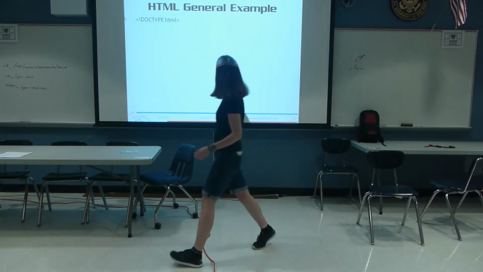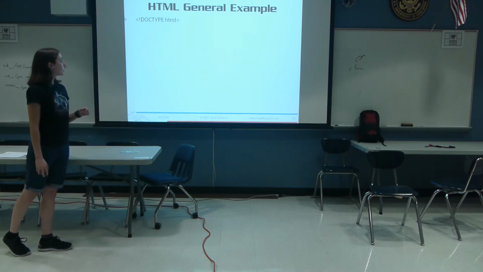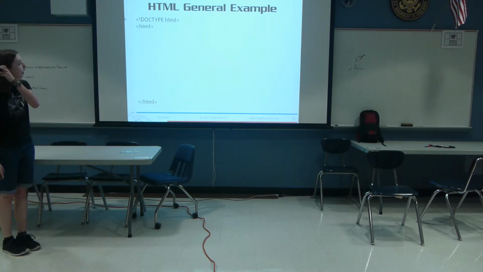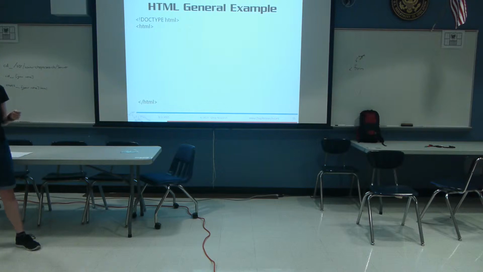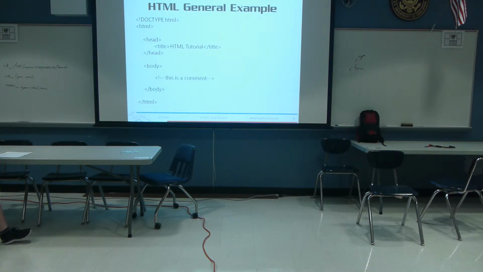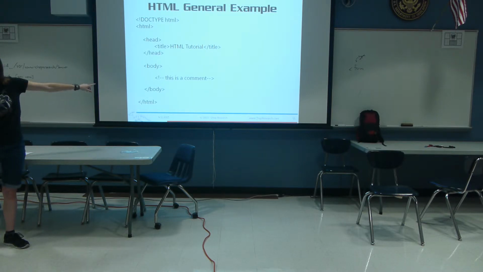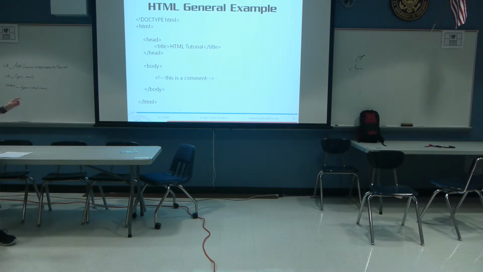Okay. So, here is just a general example of how an HTML document is supposed to look. You have the document type, you have tags saying that it's HTML, in case you didn't get it on the first line, and then there's what's called the head and the body. A couple other notes are just that comments are indicated like this, but I actually gave this to you in your starting HTML documents, so it's not something you're going to have to memorize.